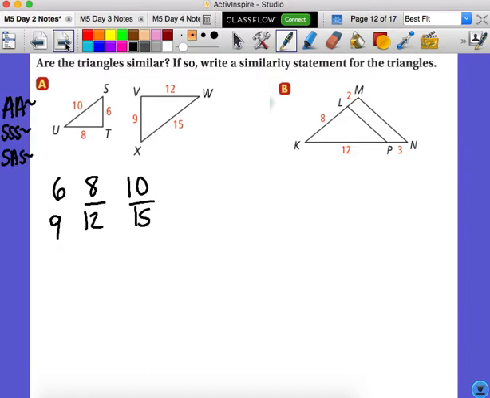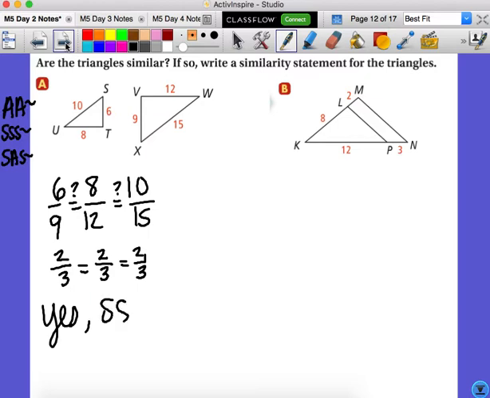So I'm going to compare these 3 ratios and find out if they're proportional. So this simplifies to 2/3, 2/3, and 2/3. So yes, these are similar by side, side, side similarity.